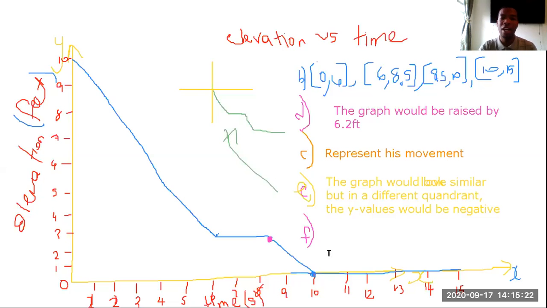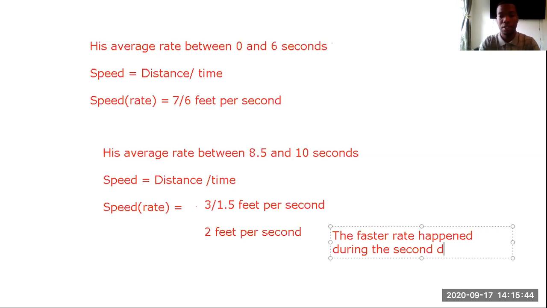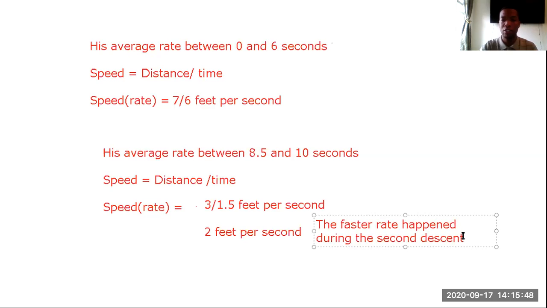Which one was the faster rate? And the faster rate was the second one where he went 2 feet per second. Faster rate happened during the second descent.